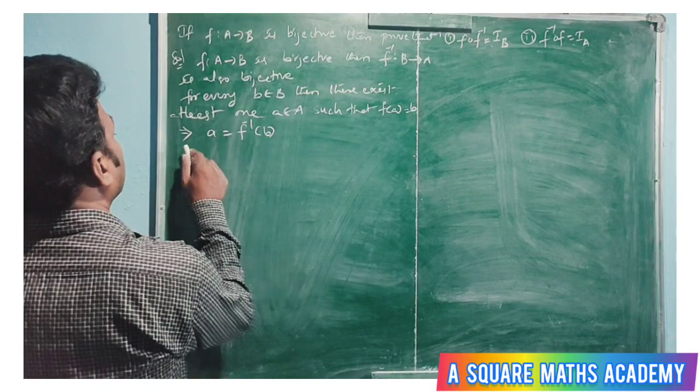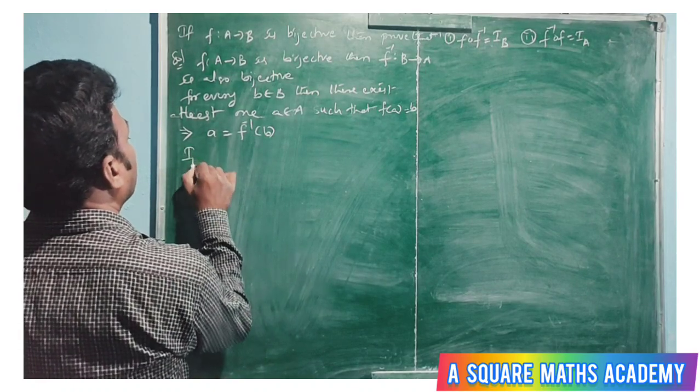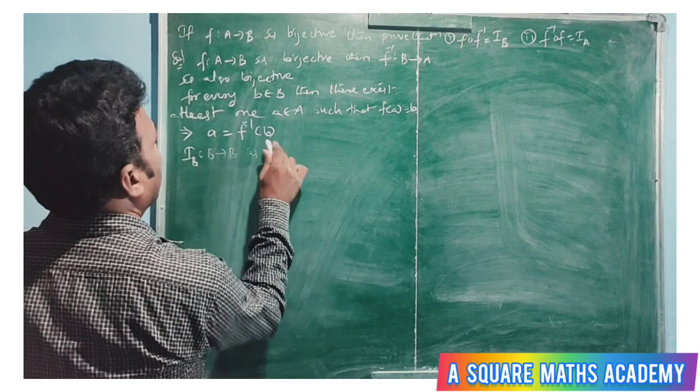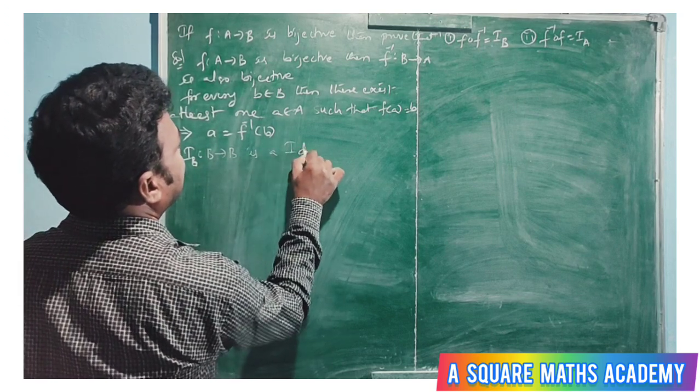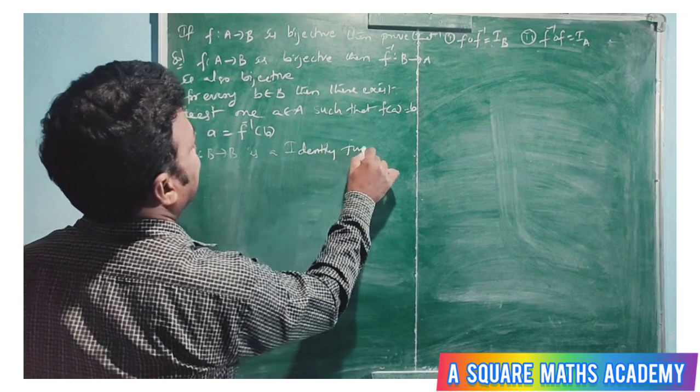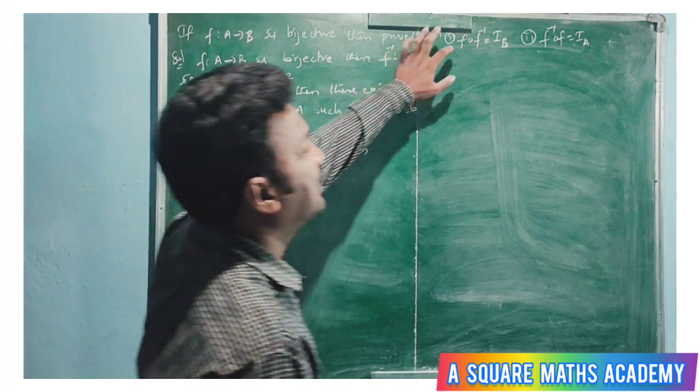Okay, so then after, IB is mapping from B to B is a identity function. So combination of these two functions we write out.